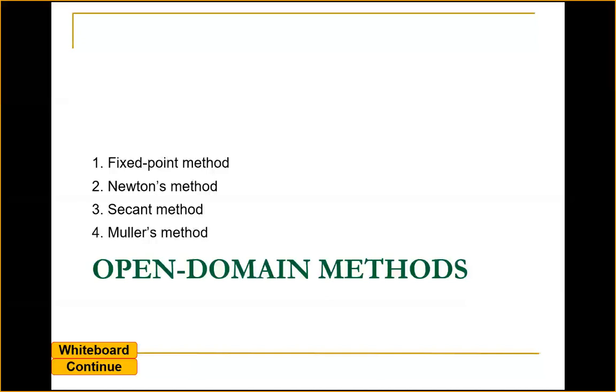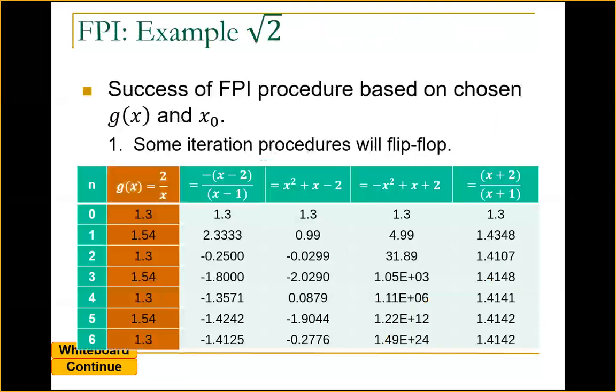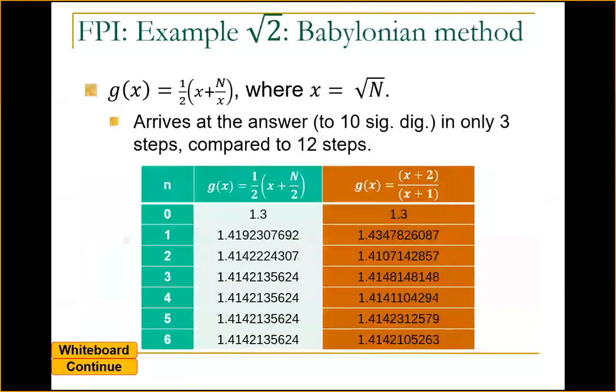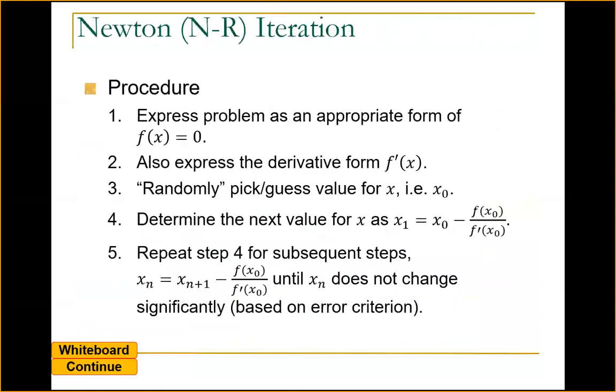Now those methods are open methods because you select one place to start rather than a bound. Okay, so let's first look at the Newton iteration.